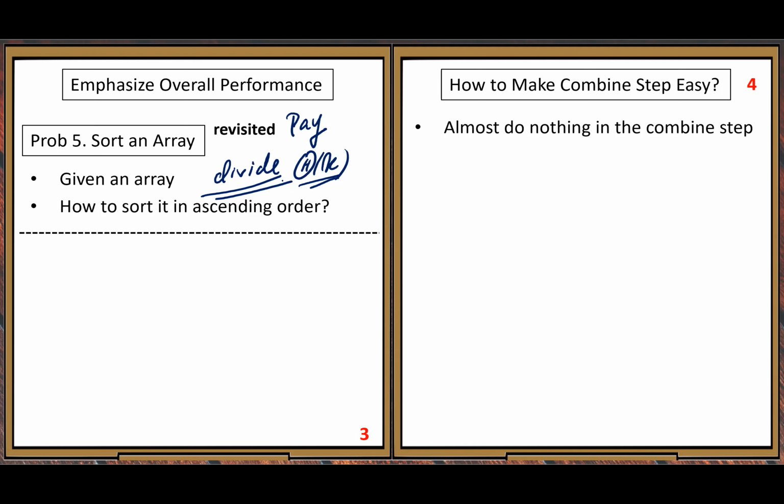What kind of property? Just like Madison's comment, the max of one subarray is smaller than the minimum of the other subarray. This property is very important, very useful, so it's not free.